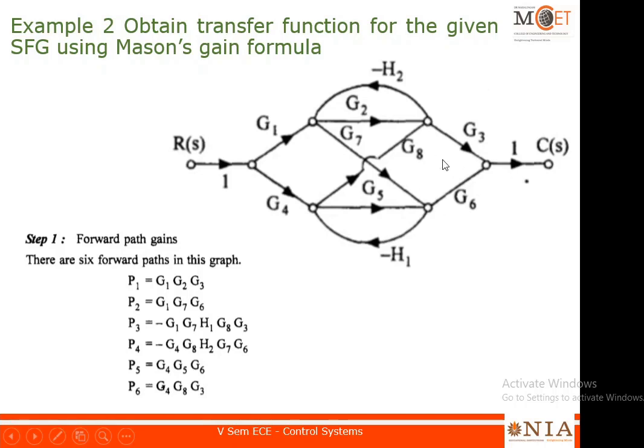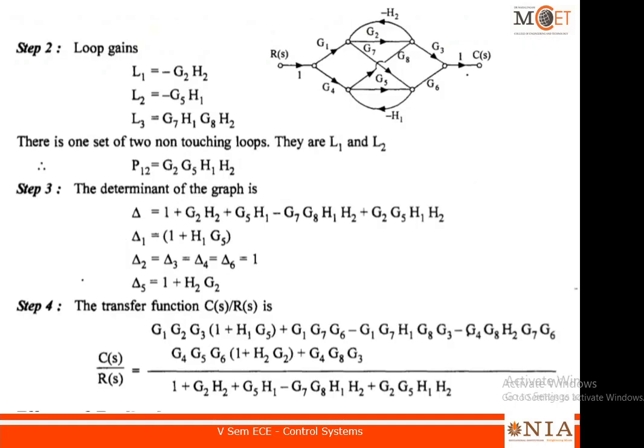One is the sum of individual loops and another one is the sum of gain products of two non-touching loops. You can see this now. So three individual loops and one pair of non-touching loops. This is one pair. There is no other set. Only one pair is available.